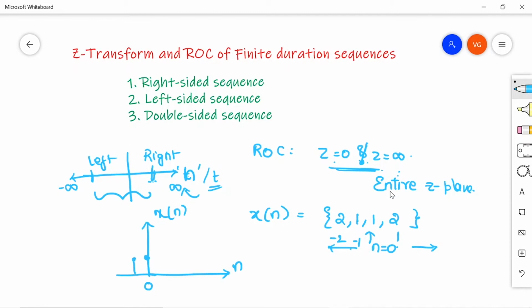At n is equal to minus 2, you have an amplitude of 2. Whereas at n is equal to 1, you have an amplitude of 2, right? So the signal range is from minus 2 to 1. So this can be defined as x of z is the sum for n running from minus 2 to 1 of x of n z power minus n, right? So the limits are restricted on both sides.